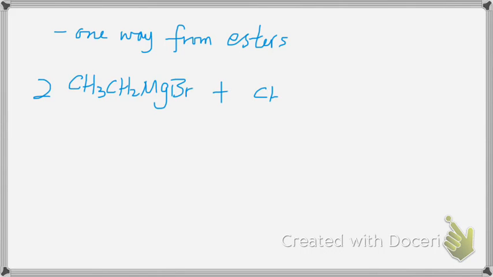So here we go. We can use 2 equivalents of the Grignard, and this Grignard will contain the alkyl groups that are identical in the previous alcohol.